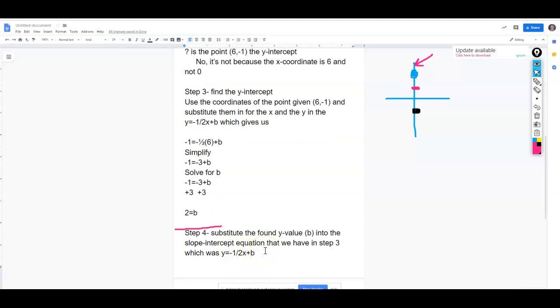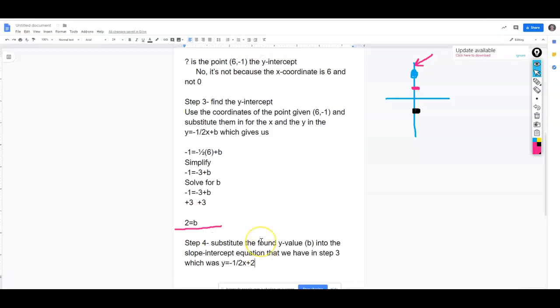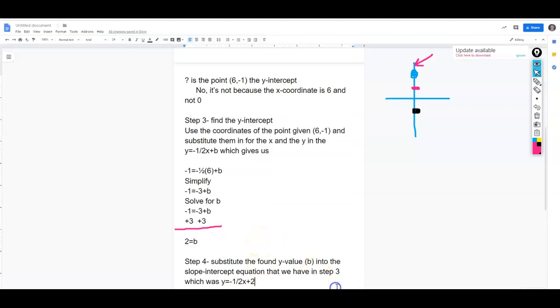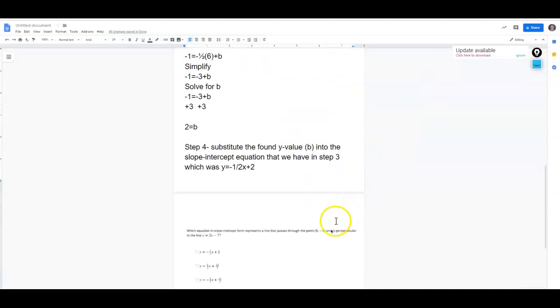So now we're going to substitute that b for 2. So you with us that way?